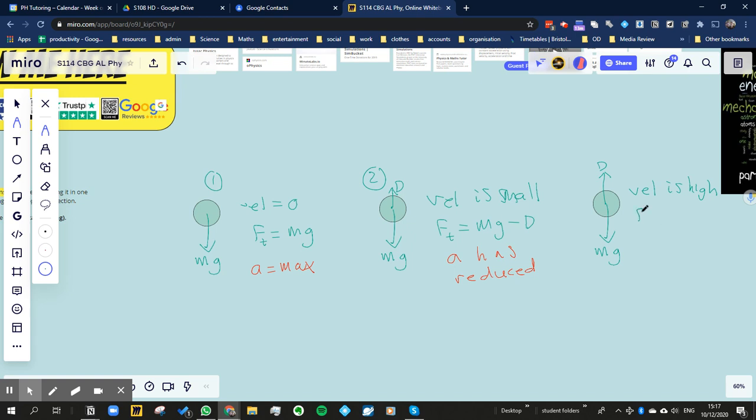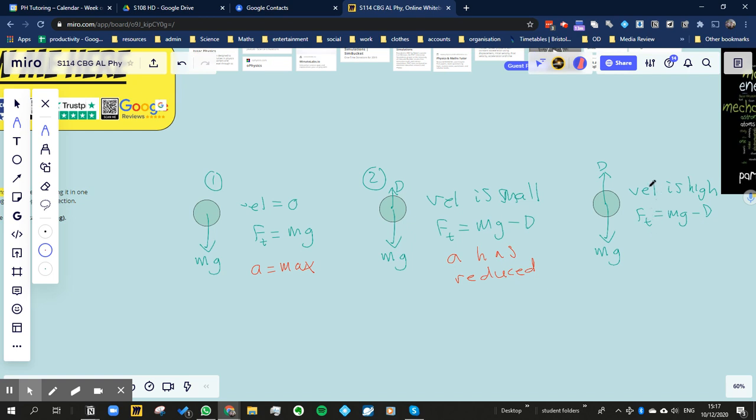Still, just as before, the resultant force, the total force, is equal to the weight minus the drag. And now in this situation, it's moving so fast that the drag is the same size as the weight.